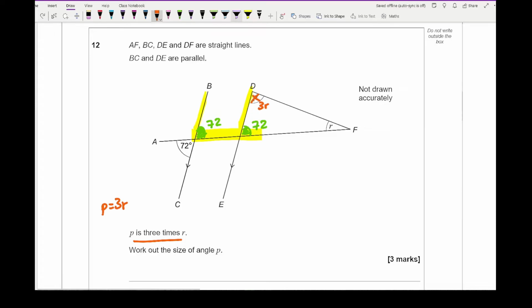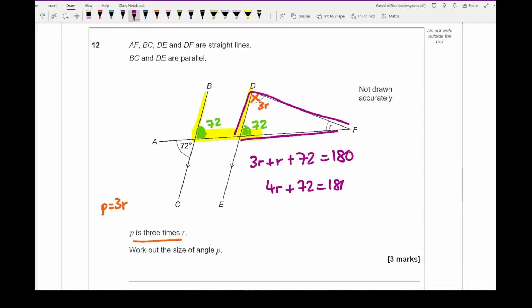Now taking that triangle, using this triangle here, we have 3R plus 72 equals 180. The reason it adds up to 180 is because angles in a triangle add up to 180. So turning this into an equation, we get 4R plus 72 equals 180.